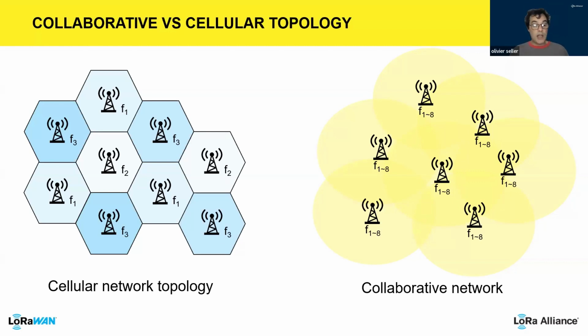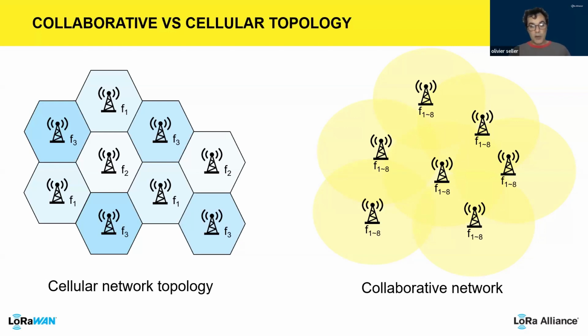For instance, at 2.4 gigahertz, Wi-Fi only has 3 non-overlapping channels, and typically you would pick a different channel than your neighbors, because you probably know that Wi-Fi coexists better when different resources are allocated to different networks. So that's not cellular because it's not planned as a cellular network, but resources are kept distinct.